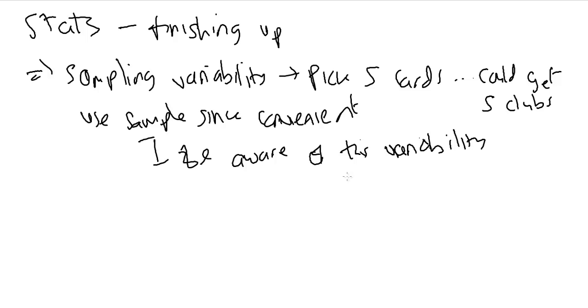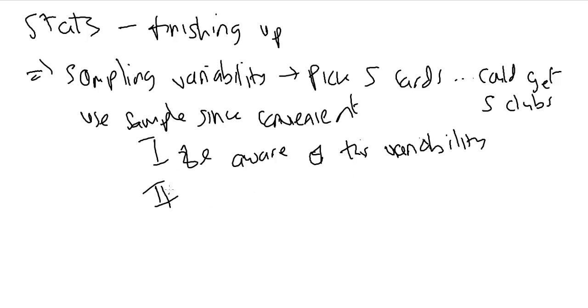You could just randomly end up with a strange selection. So if you're aware of rule number 1, be aware of this variability, then you won't be fooled. You won't be overconfident about what you know. All you have is that you got 5 cards that were clubs, but there is variability.